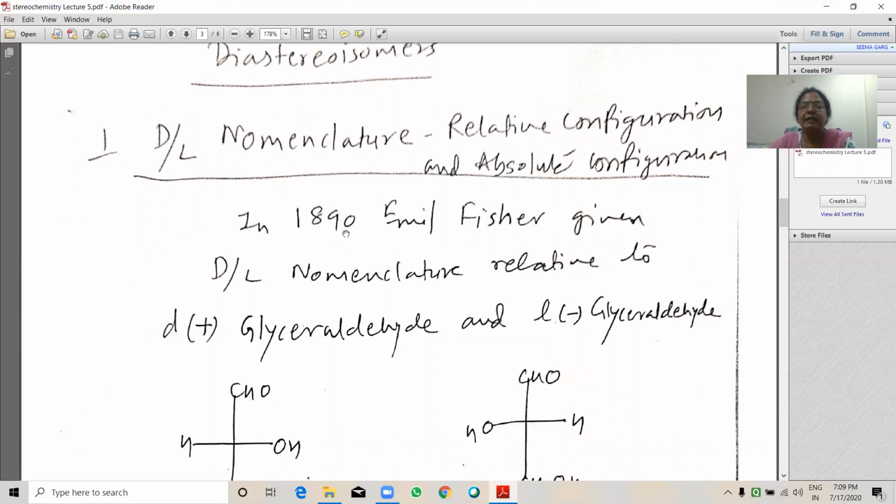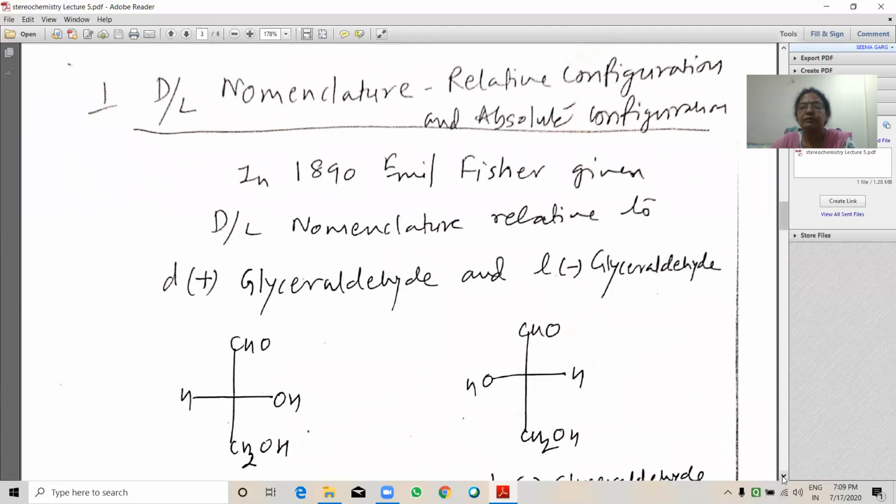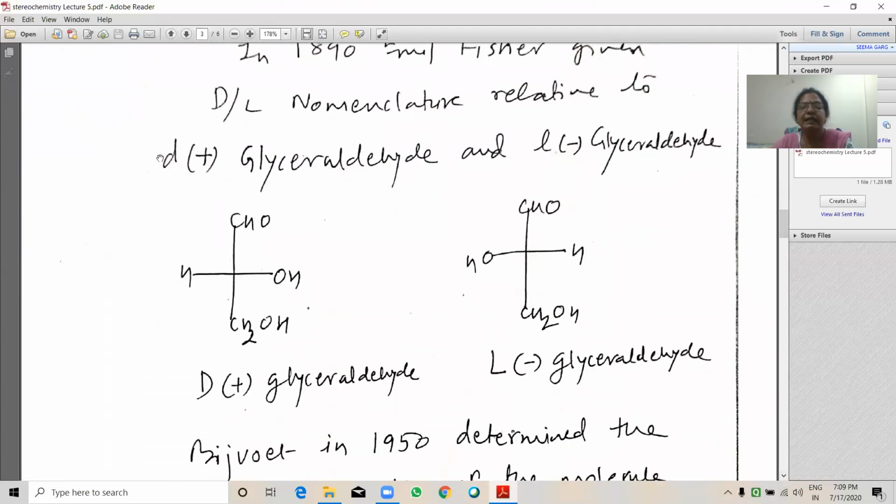In 1890, Emil Fischer gave the capital D, capital L nomenclature relative to D plus glyceraldehyde and L minus glyceraldehyde. This is the glyceraldehyde. It is dextrorotatory and this is levorotatory.